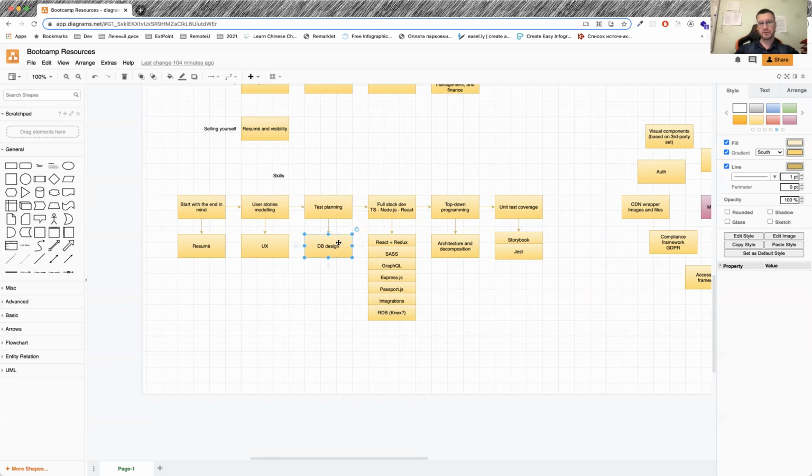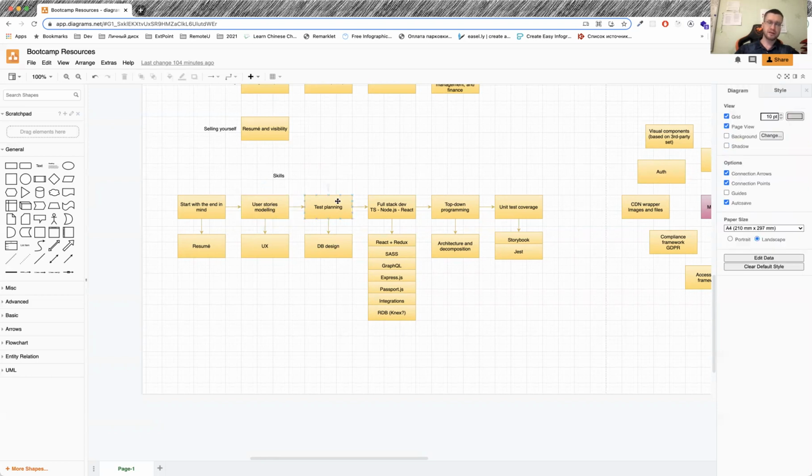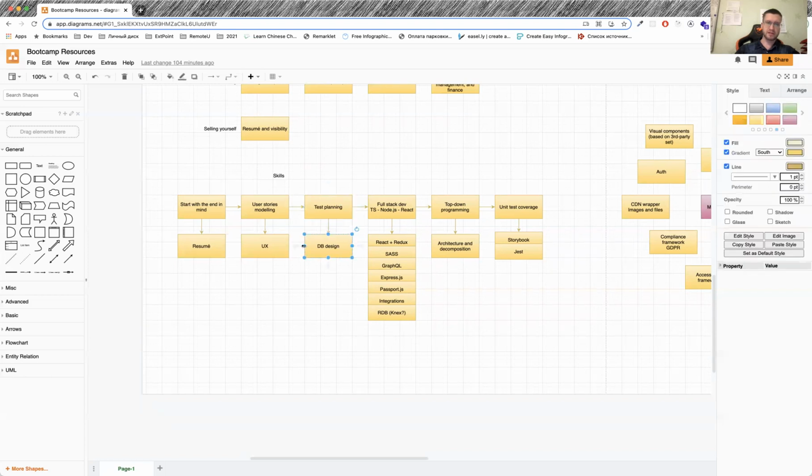And as a byproduct, database design and test planning are independent disciplines. However, they are based on each other. Test planning provides you with scenarios and a better understanding than at the user stories level of what you are going to produce, and the database design reflects how you will keep all this data.